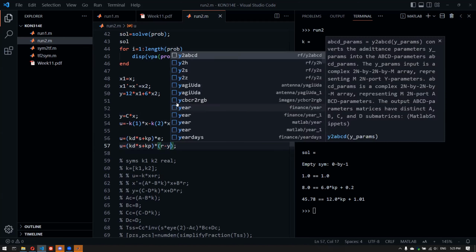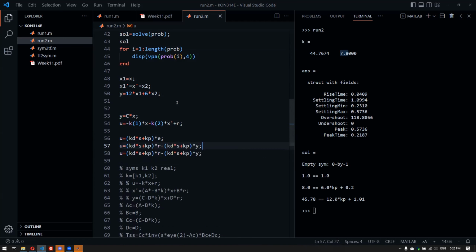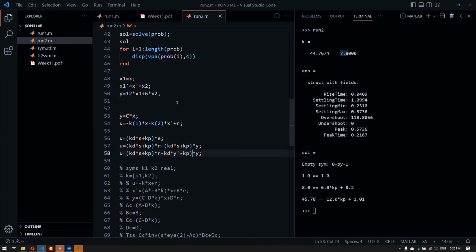We have r minus y here, and if we distribute this whole thing, this would be times r, and then minus y times this one here. So that's what we have. Now, this would become minus kd times y derivative, and then minus kp times y here. And then we would have something that looks like kds plus kp.